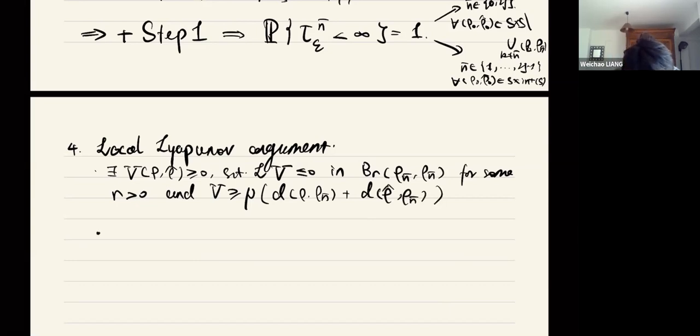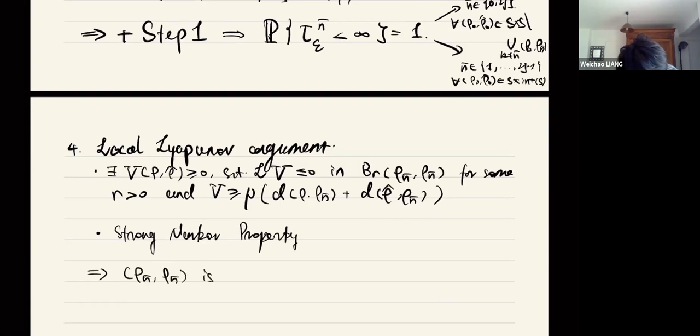Okay, and also by the strong Markov property, we can show that the target state is almost surely asymptotically stable. And here we denote the distance between the actual state and the target state as D, and the distance between the estimated state and the target state as D hat, okay?